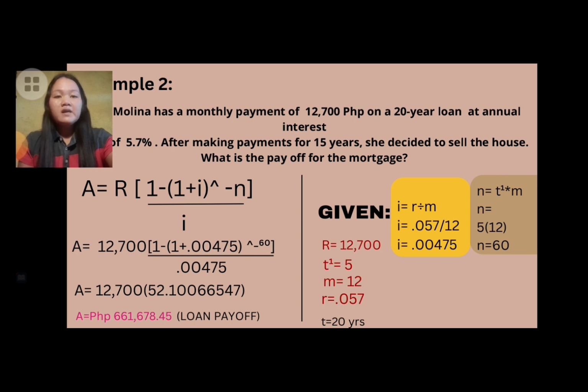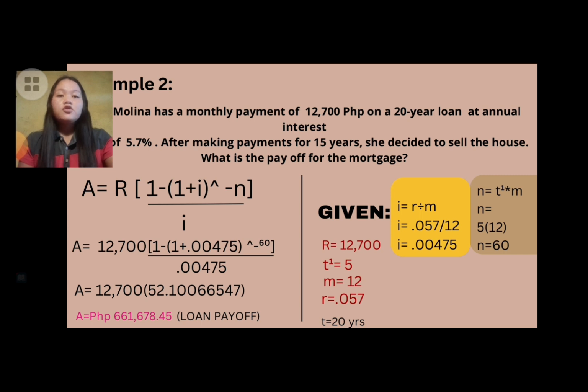Then close parenthesis, back to the equation, and raise it to the power of negative 60, because 5 years multiplied by 12 will give us 60, and those are the remaining payments that Miss Molina will have to make.